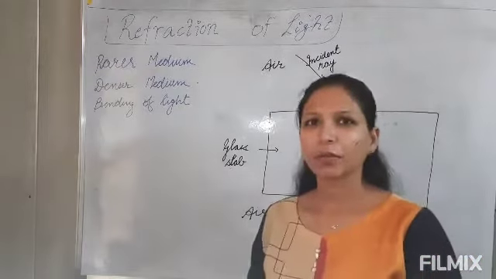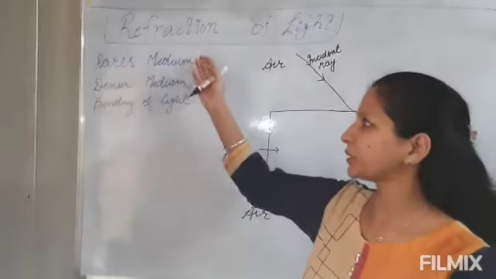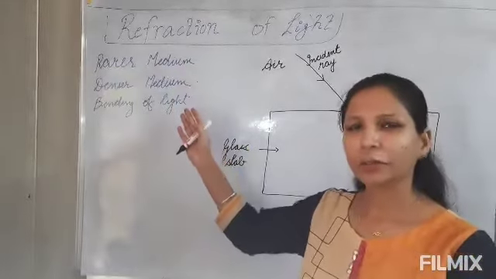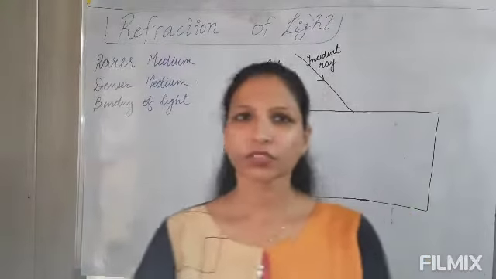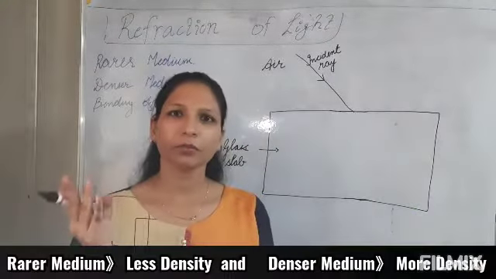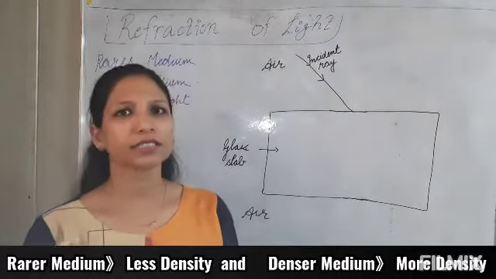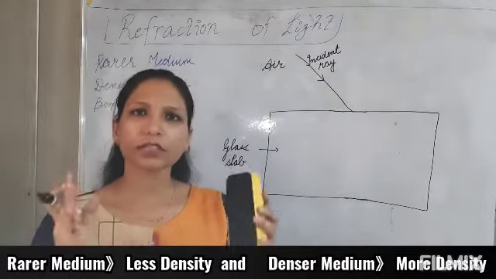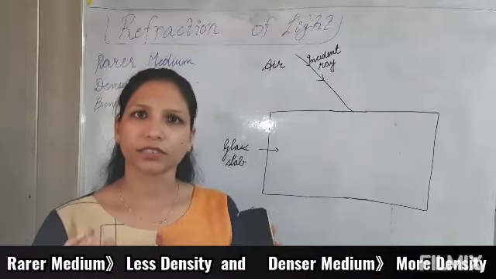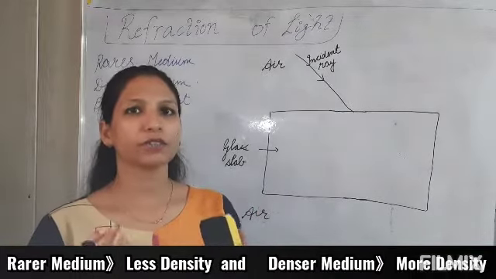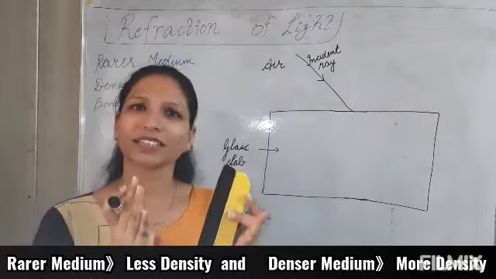आगे बढ़ते हैं हमारी नेक्स्ट टर्म्स की ओर, which are rarer medium, denser medium and bending of light. मीडियम टू टाइप्स के होते हैं, rarer medium and denser medium. Rarer medium is that which has less density, means which has quite loosely packed particles, while denser medium is that in which the particles are very tightly packed.